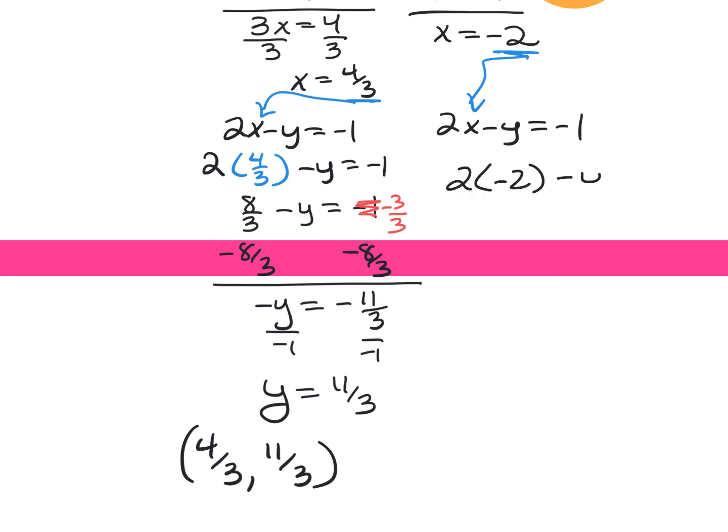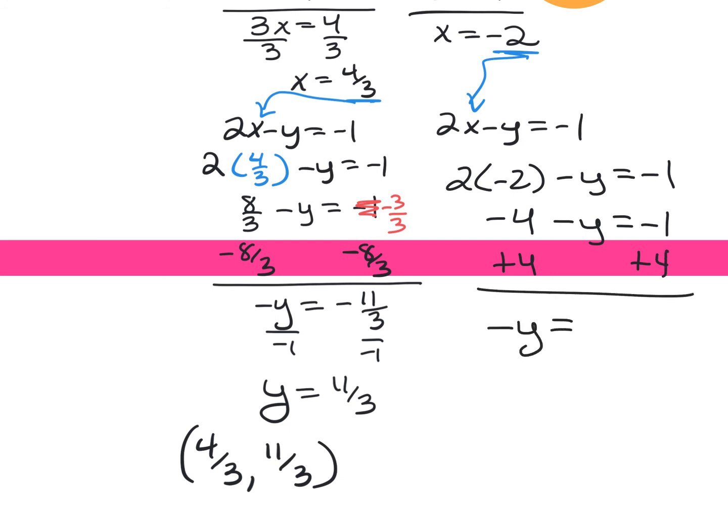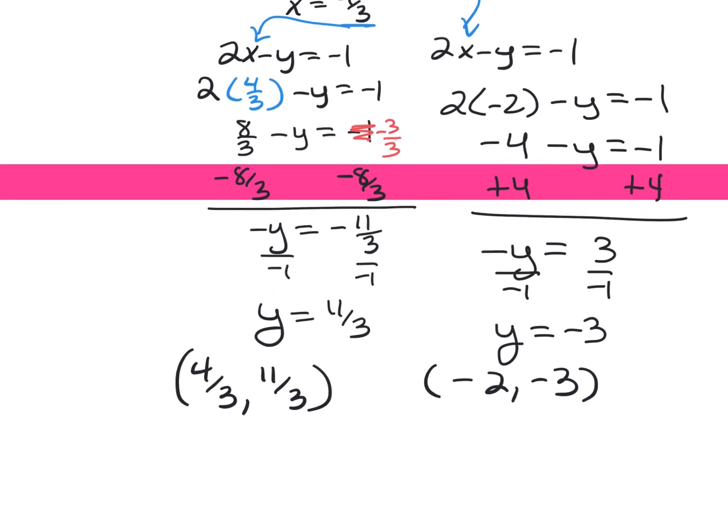Plug it in, multiply, move the -4 over. Negative y equals 3, and then now I will divide both sides by -1, y equals -3, so the ordered pair to the system, the solution to the system, is also -2, -3.